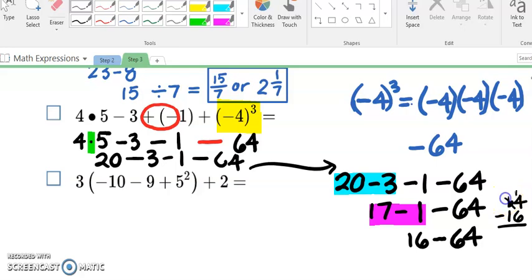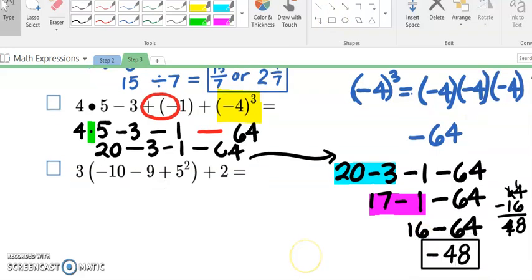When I do that, I end up with 48. But my problem wasn't 64 take away 16, it was 16 take away 64, so I have to make that a -48. And that is my answer. So I'll put a box around it so I can find it easily in my notes.